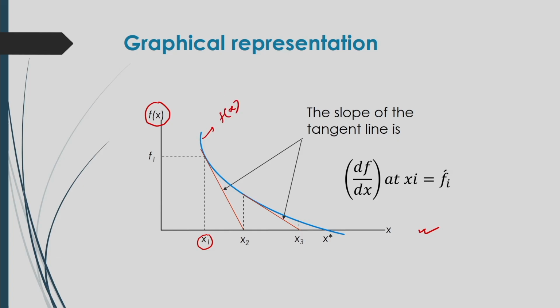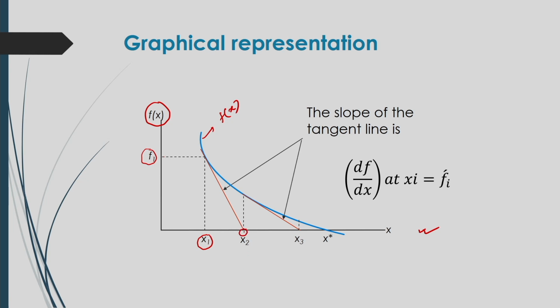So, at this function profile at point x1, what should be the function value? It is f1. Similarly, at this point x1, if you make a tangent, you will see that the tangent will intersect the x axis at point x2.